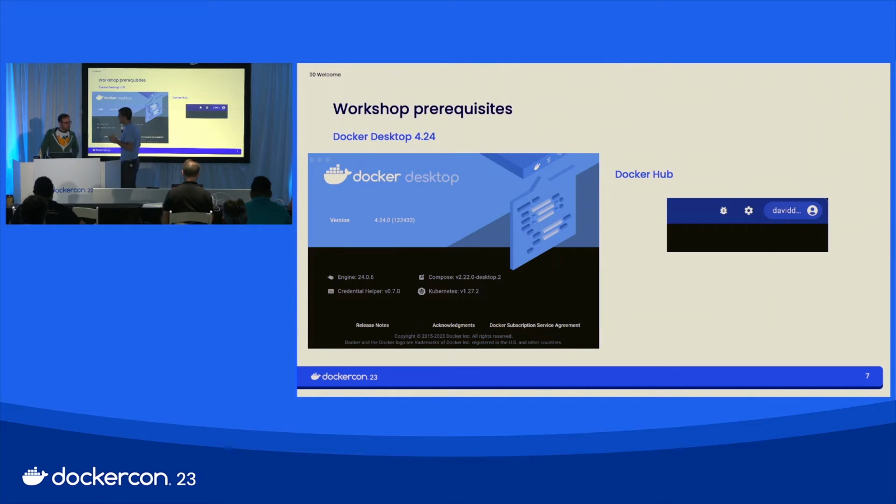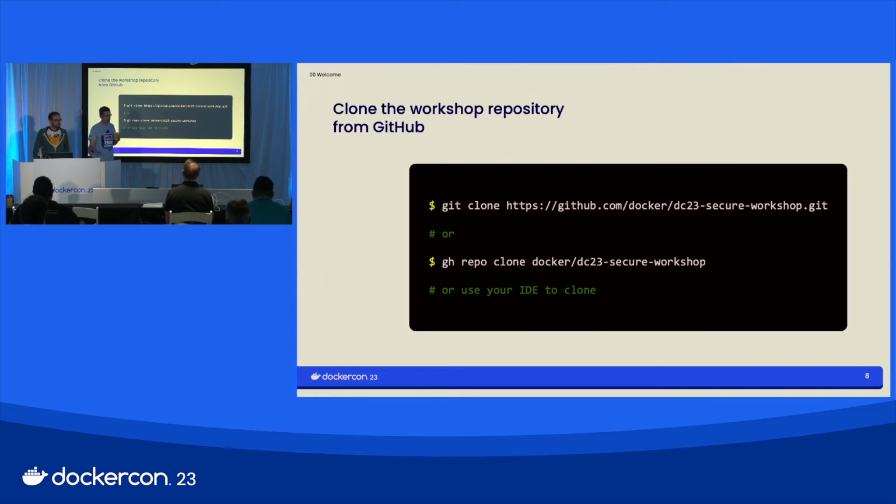While you are downloading stuff, you can also move on and do this concurrently while you're waiting. If you're downloading a new version of Docker Desktop, it can be somewhat of a large download, so you can also do this in parallel. We basically want you to clone the workshop repository from GitHub. It's under the Docker organization.